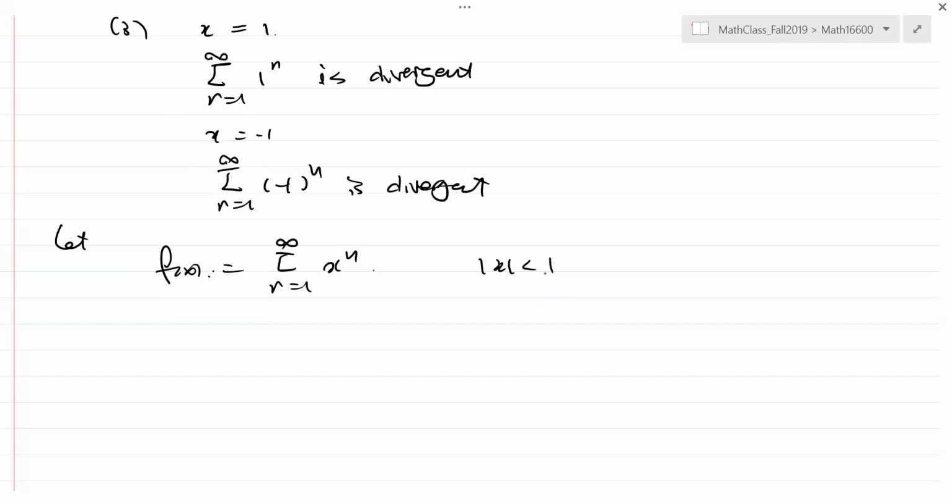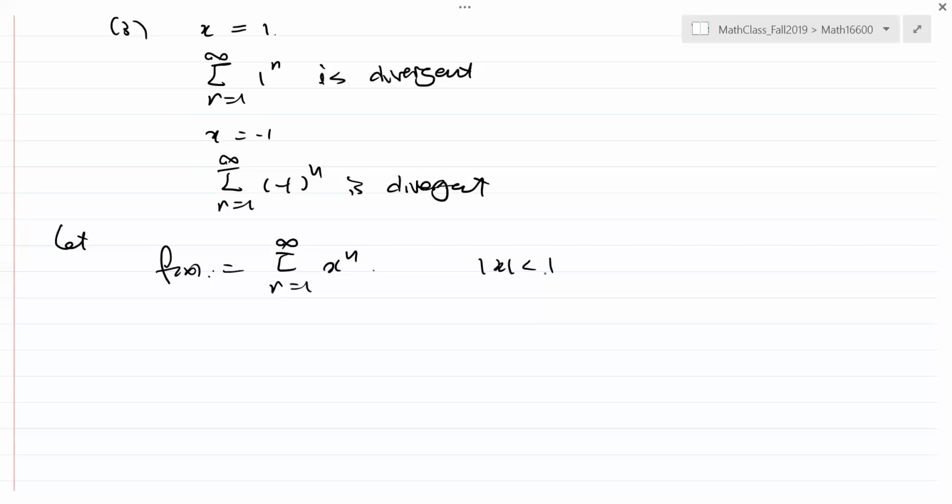So we use a power series and we get a function. This function may be nice, maybe an elementary function, but this is a polynomial, right? A generalized polynomial. The degree is infinity, but it's only defined for x between negative and positive 1.